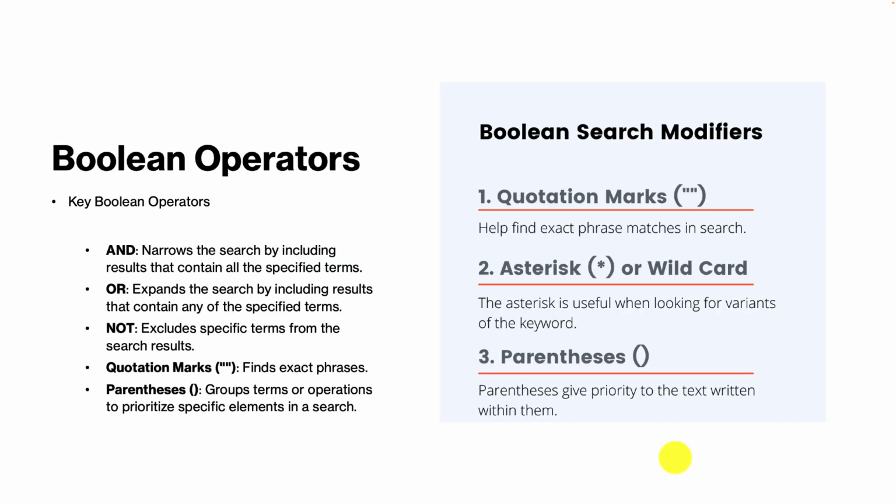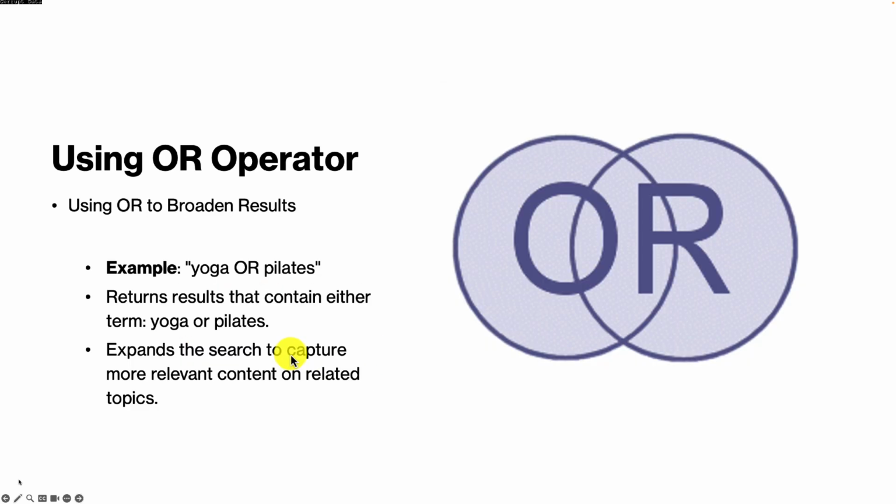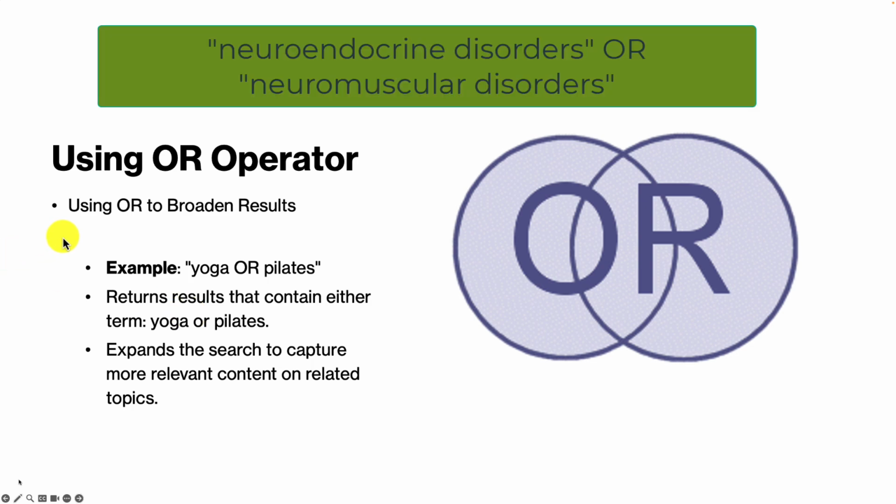As we get further into the presentation, we will talk about the asterisks and the parentheses a little bit, but let's just focus on this right now, because this is going to be your bread and butter. So when we're talking about or, again, we're expanding our search topics, right?